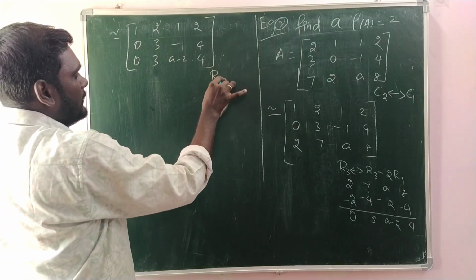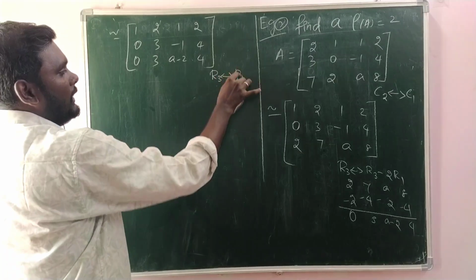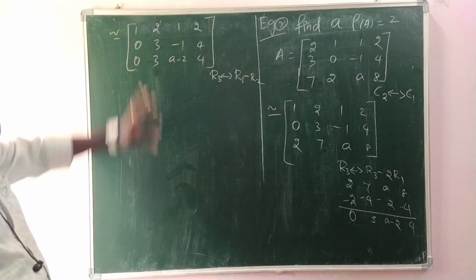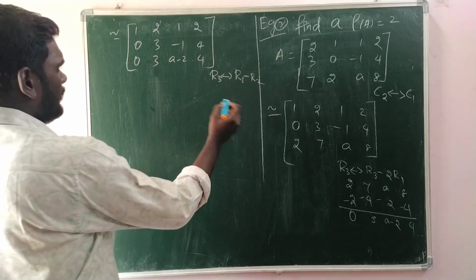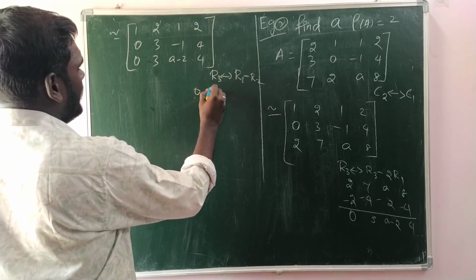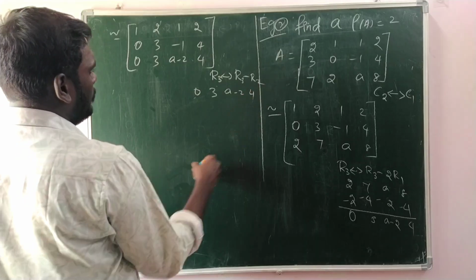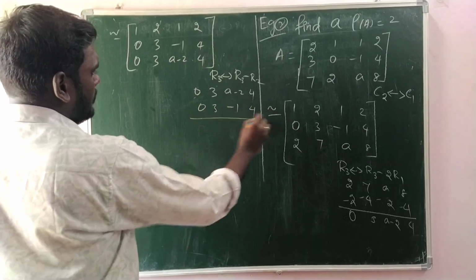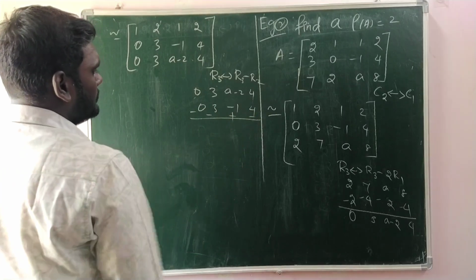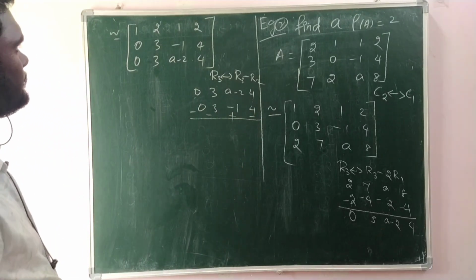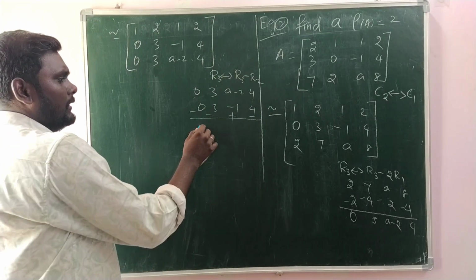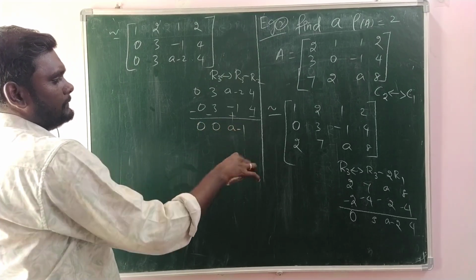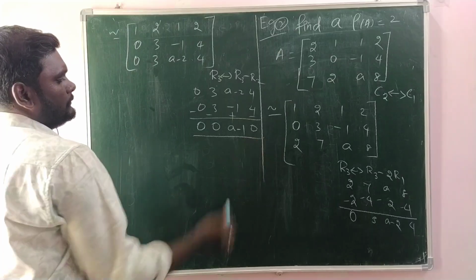I am going to write the result in R3 as R3 minus R2, because these two can be subtracted and made 0. R3 is 0 3 A minus 2 4, R2 is 0 3 minus 1 4. When we subtract, here 0, this is A minus 1, this is 0.